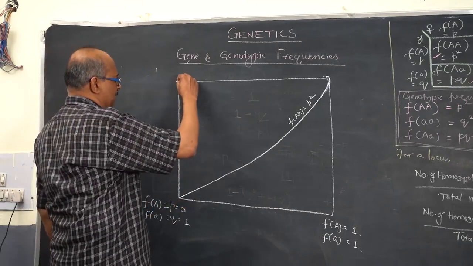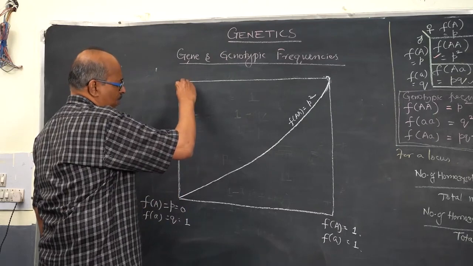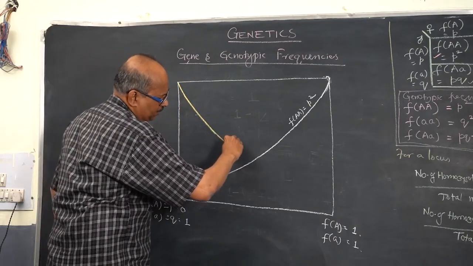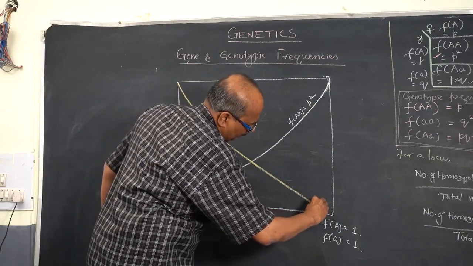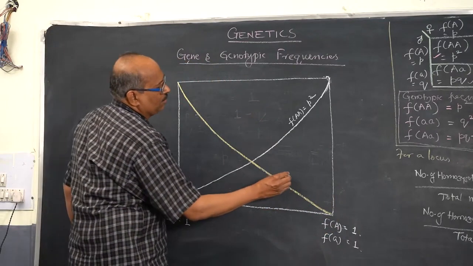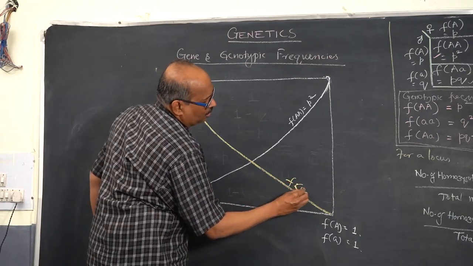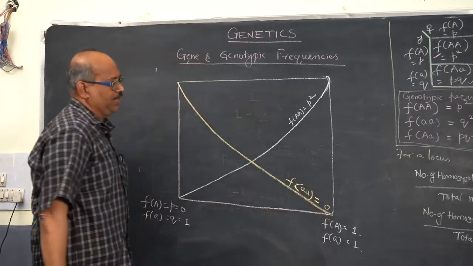If you take the second side, the frequency of small allele goes on decreasing and ultimately it reaches 0. So frequency of small a equals 0 here.